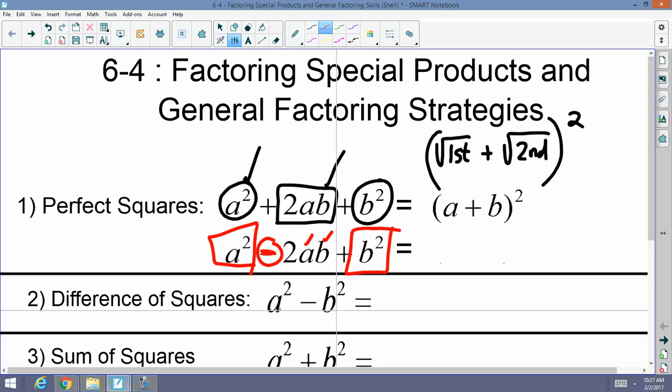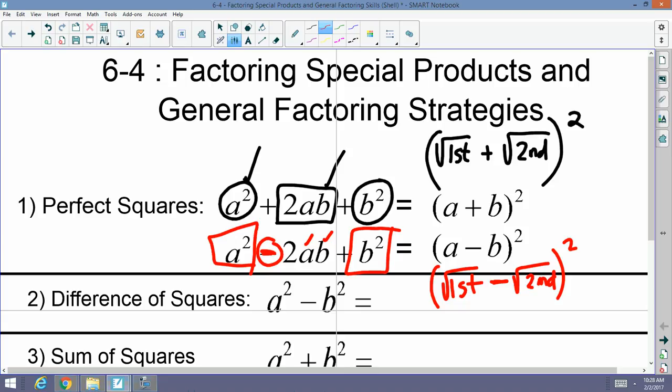When you have it in this format, you're going to have a factored binomial as (a minus b) squared, where this literally translated is the square root of the first term minus the square root of the second term. Now, the good news here is this is the one that I highly recommend and suggest strongly that you learn, because it's going to be a 2-second question for you if you know it.